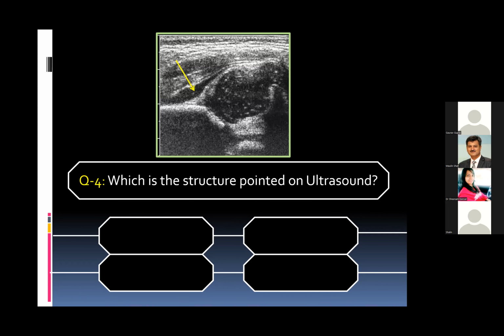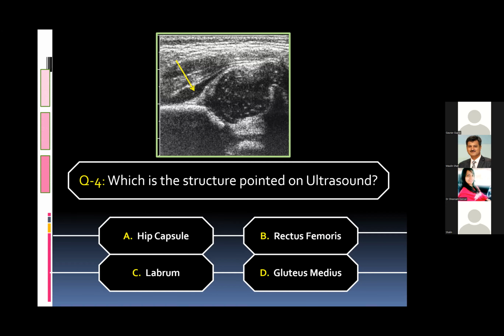Which is the structure pointed on ultrasound? Hip capsule, rectus femoris, labrum, or gluteus medius? Gaurav, what is that structure? Labrum is just beneath, just above the head, which is light gray in color.